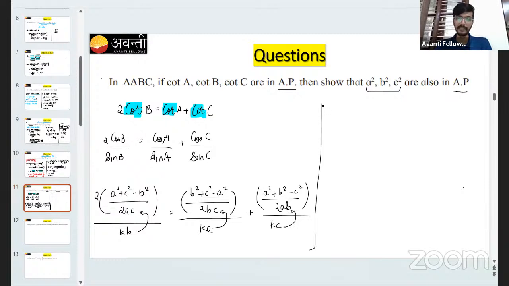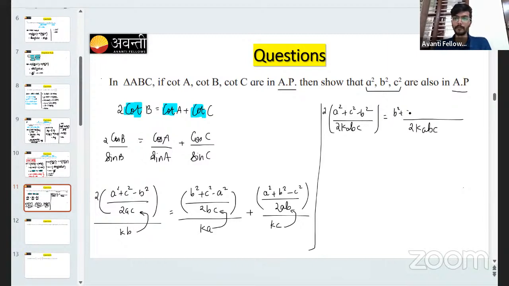So what I'll get is 2 times A square plus C square minus B square upon 2K ABC is equal to, here if you can see, 2K ABC will be the LCM.